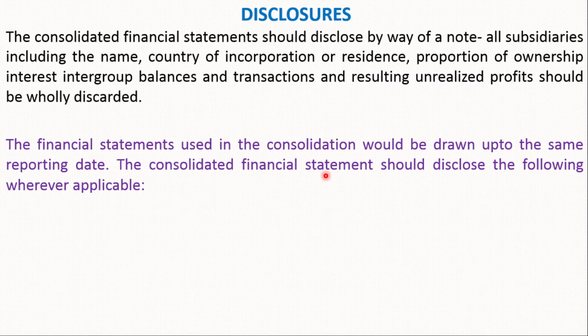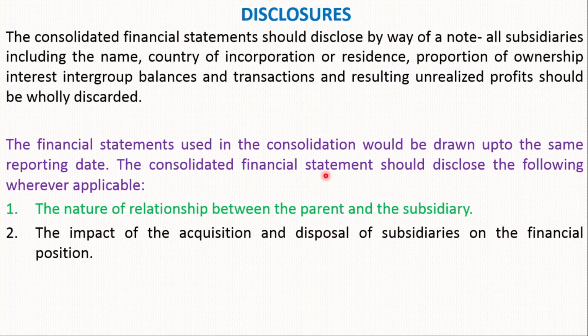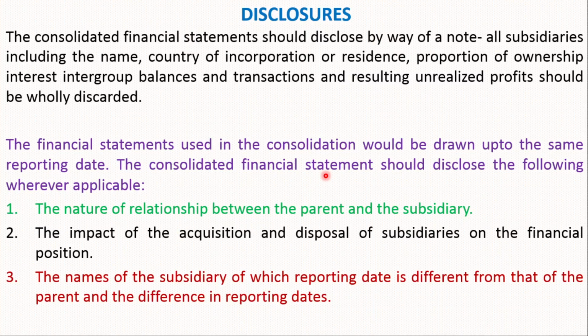The consolidated financial statement should disclose the following wherever applicable. First, the nature of the relationship between the parent and the subsidiary. Second, the impact of acquisition and disposal of subsidiaries on financial position. And the names of the subsidiaries whose reporting date is different from that of the parent, and the difference in reporting dates. So these are the disclosures which are required.